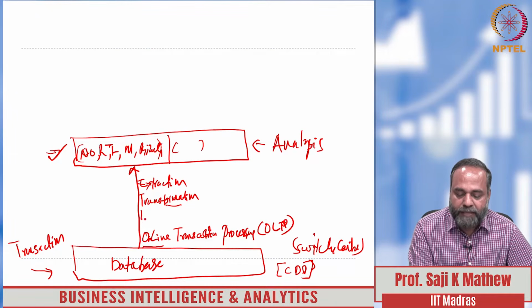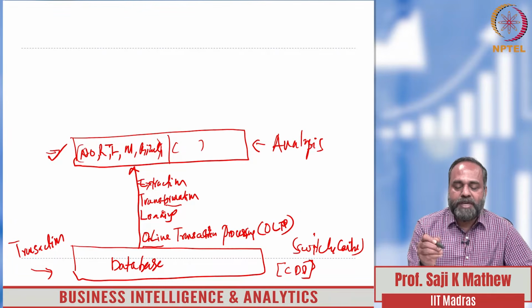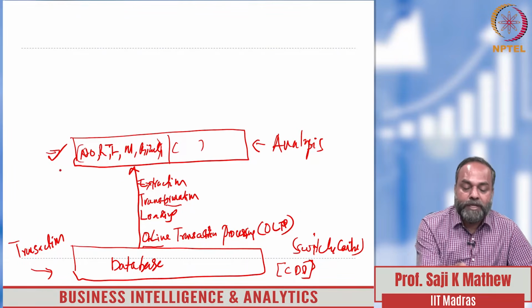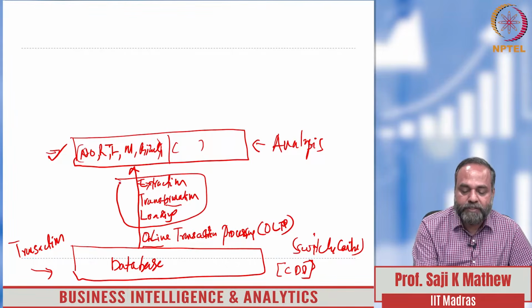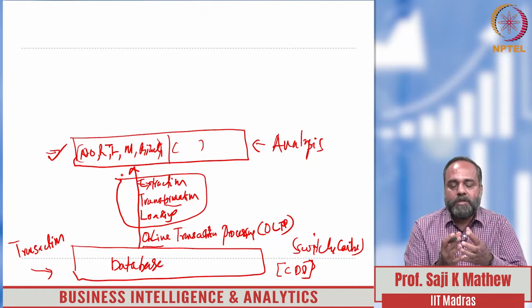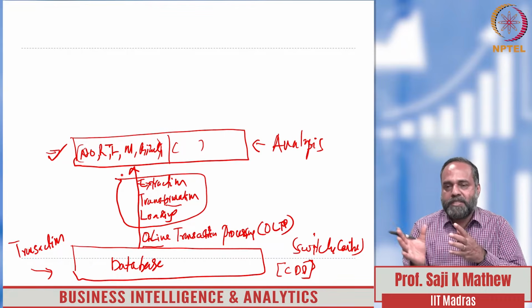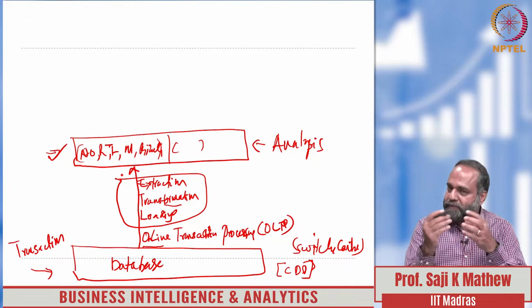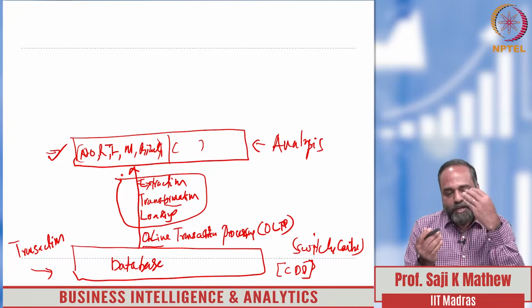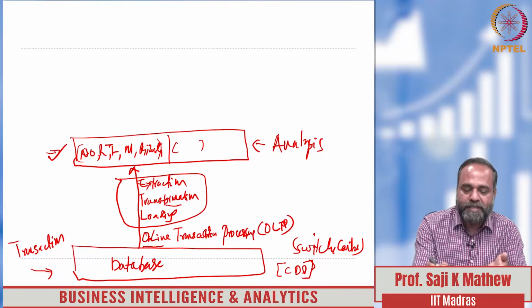Then this data, after being extracted and transformed, should be loaded here. You can imagine there is a tool which has the protocols to access different databases, transform them, which is a software in itself, and then load that into another data store.